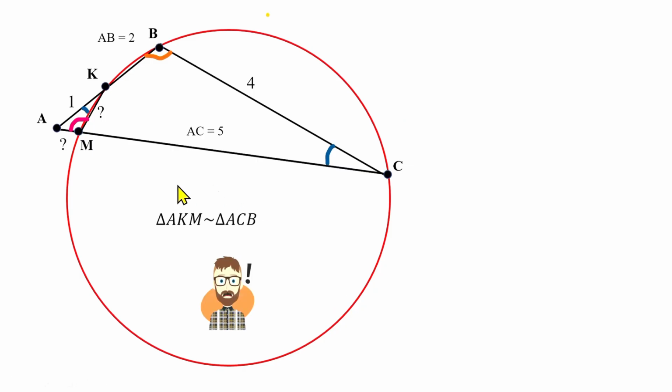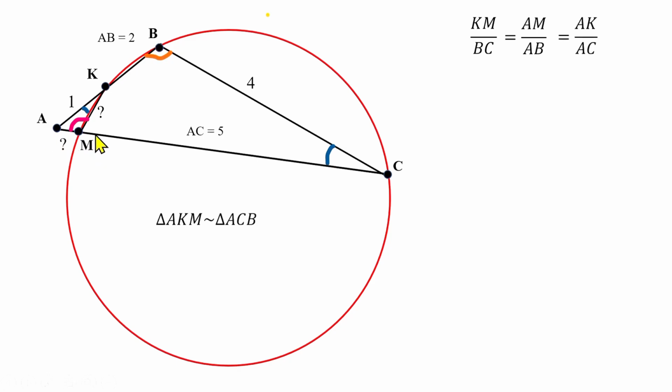Now, using this similarity, we can write the proportions. KM over BC equals AM over AB equals AK over AC. This fraction equals 1 over 5 because AK is 1, AC is 5.